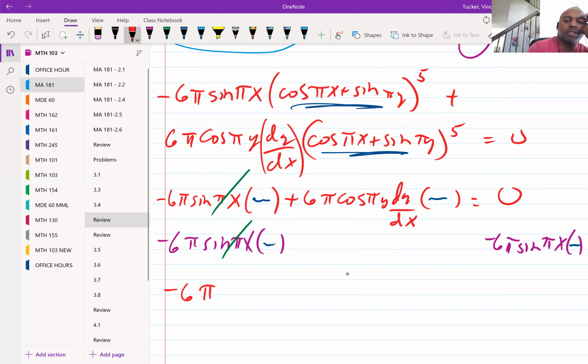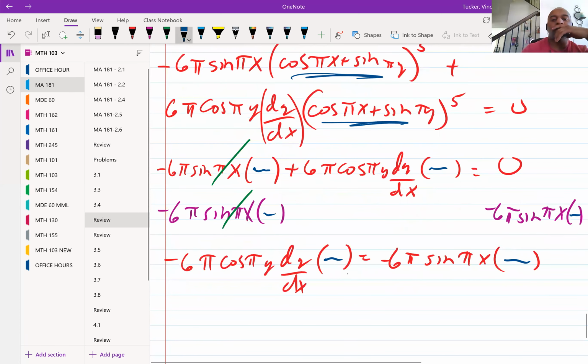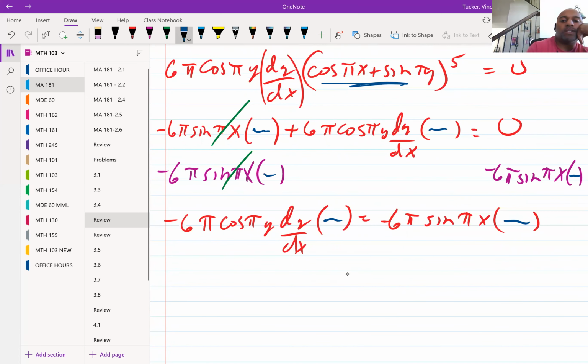So it's -6 pi cosine pi y dy/dx. -6 pi. All right. Looks like a lot of stuff will cancel for us. Because now we're trying to, once again, solve for dy/dx. So we're going to divide both sides by everything except for the dy/dx.